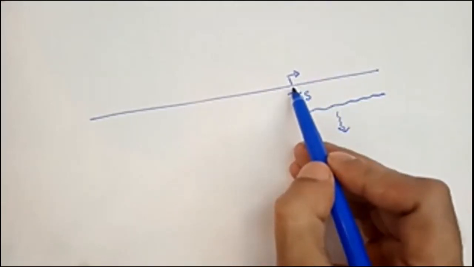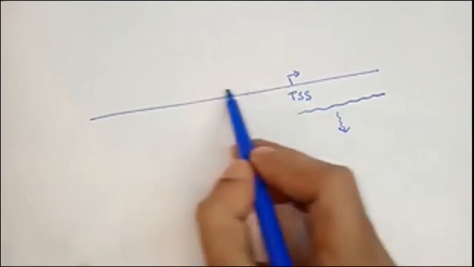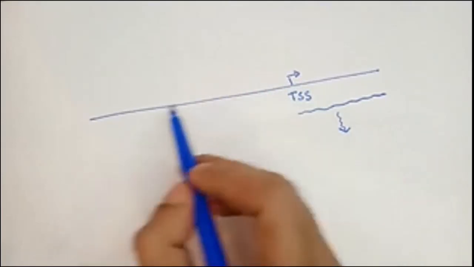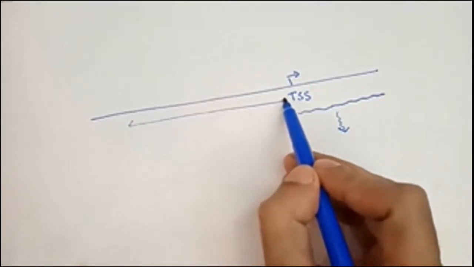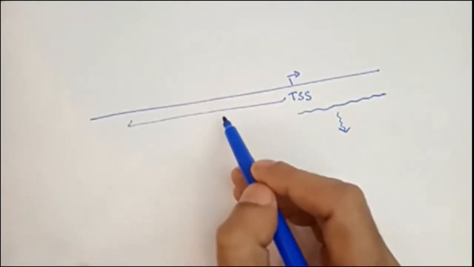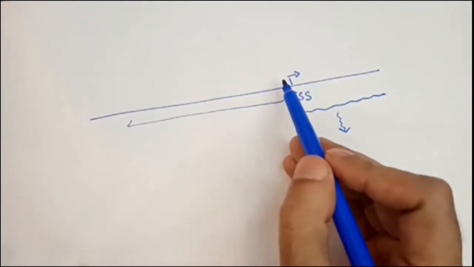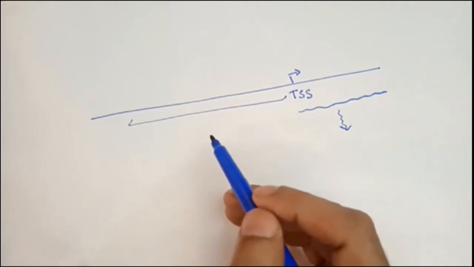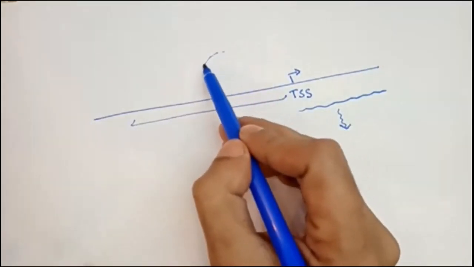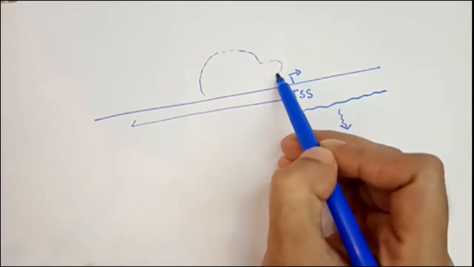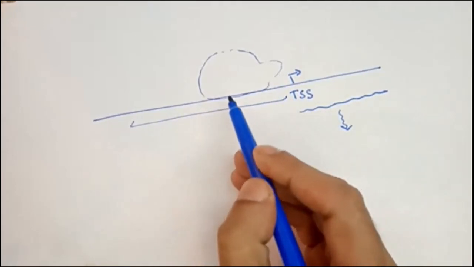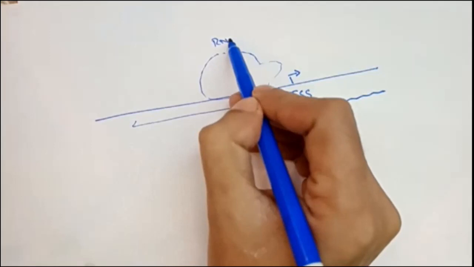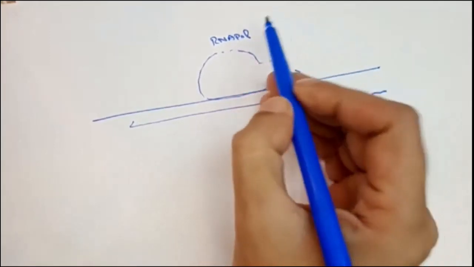Whatever the length of the DNA present above the transcription start site, all that portion is very important to make a decision whether this gene will be expressed or not. Another important thing you should know is that RNA pol 2 is a big protein, I must say.